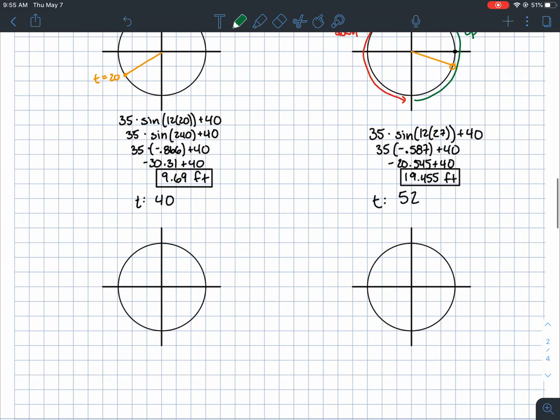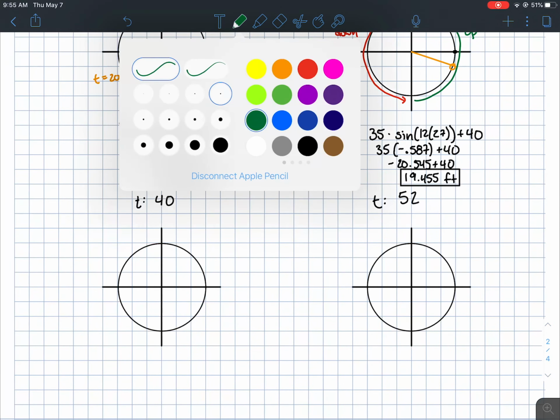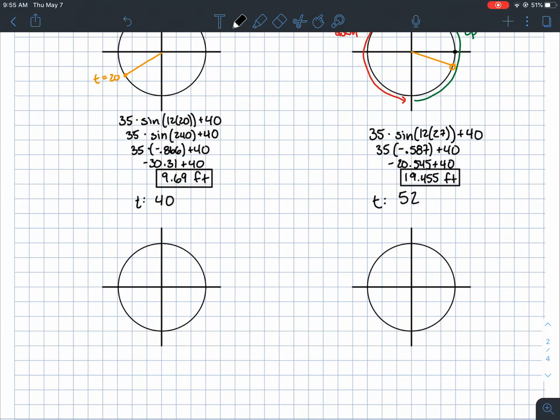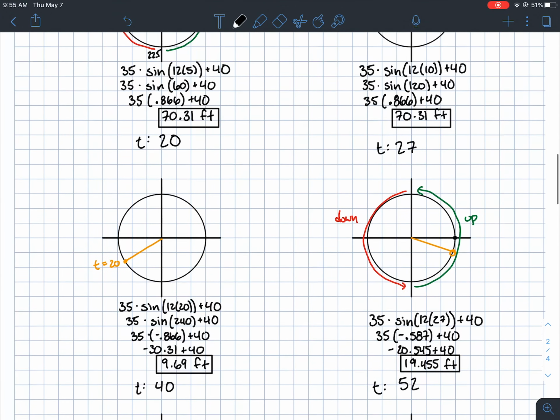All right. So what happens when we go past 30 seconds? Well, if you think about it, if 30 seconds is one rotation, then 40 seconds is just going to be here. And that's really just looking at 10 seconds, because we've done one full rotation at 30, and then we have 10 seconds left over.